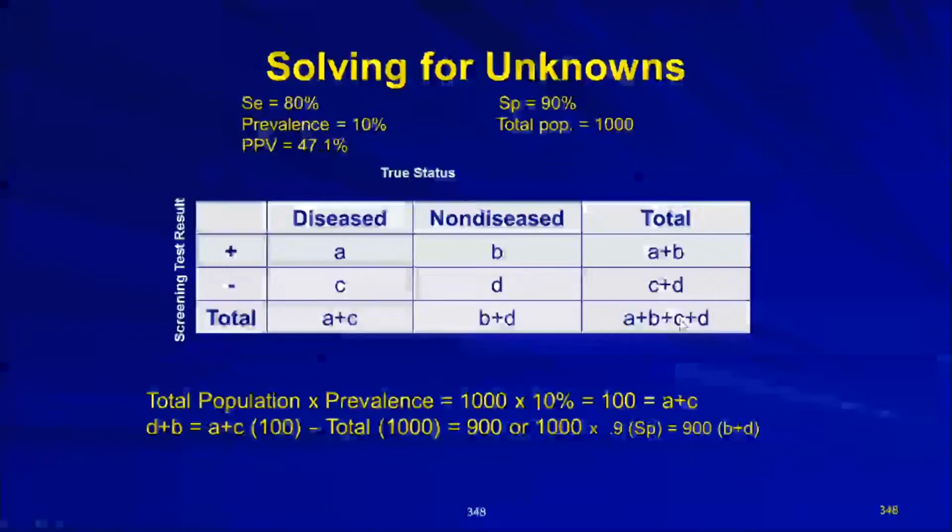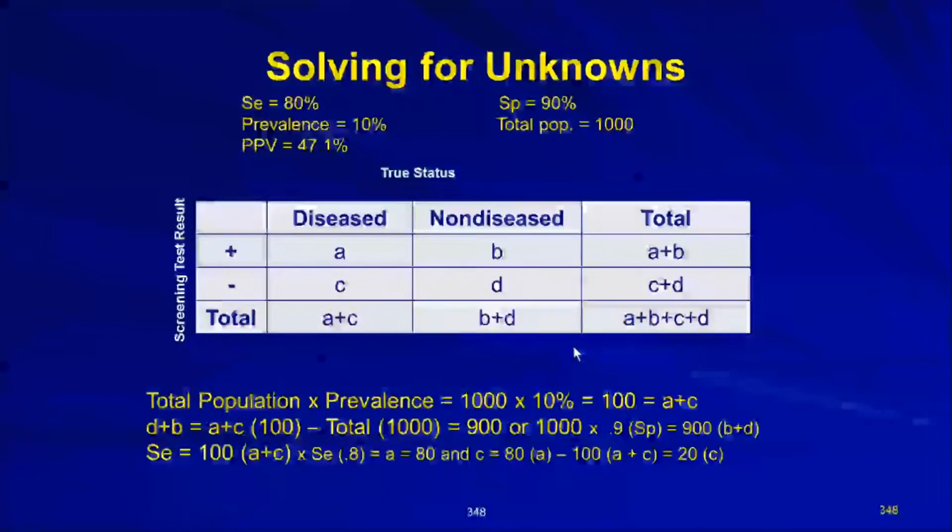Okay. Now, it provides the sensitivity and the specificity, and usually we solve for sensitivity first. So we take the sensitivity, the total number of cases that are positive, are diseased and positive, and that's both of these, and we multiply that by 0.8.